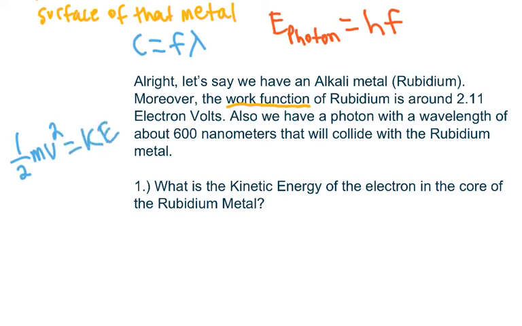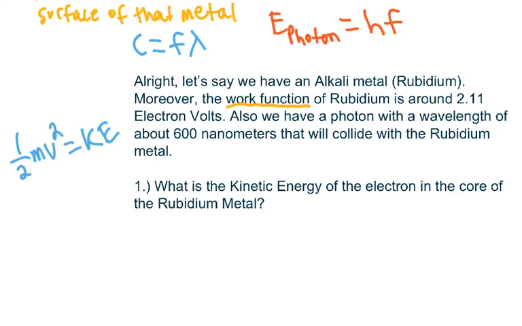If the energy of the photon is greater than the work function, that photon will collide with the electron, and that electron is going to be freed and become a photoelectron.